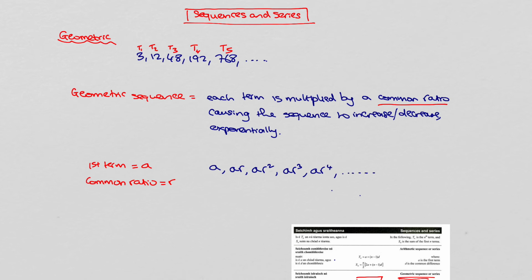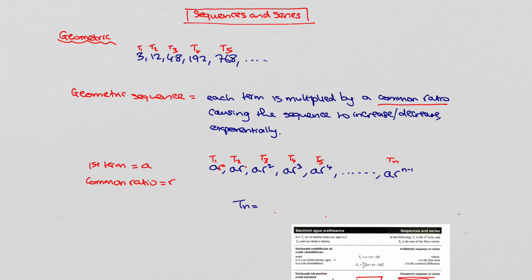Now, if we look at each of those terms, what you might notice is that the power of r is always 1 less than n. So we would say the nth term is ar to the power of n minus 1.